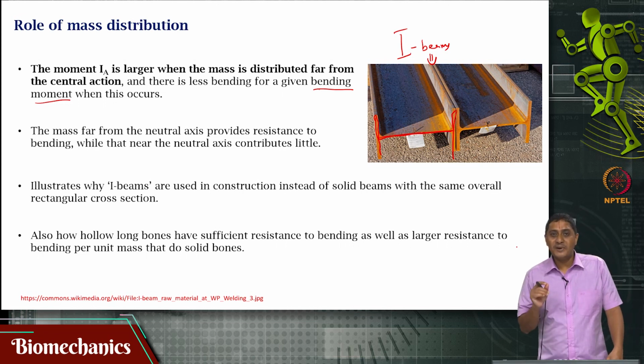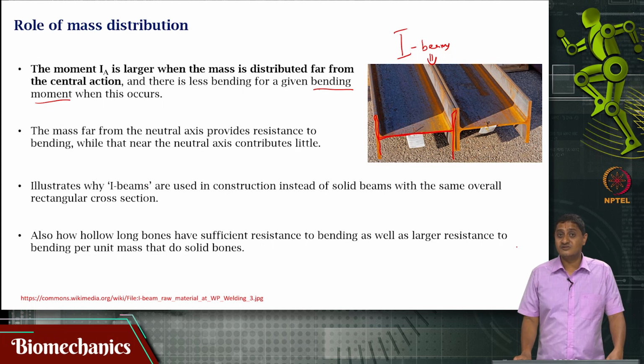Because per unit mass of the bone, you are going to have maximum resistance to bending that is offered by this design when compared with solid bone. Remember, I am not saying that solid bones will not offer resistance to bending. I am saying per unit mass, per kg of a bone, right.